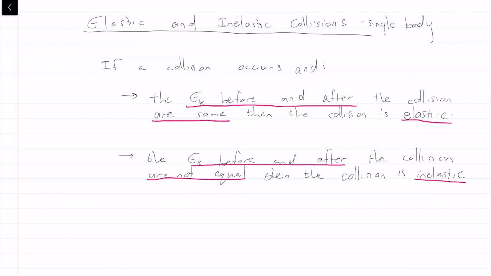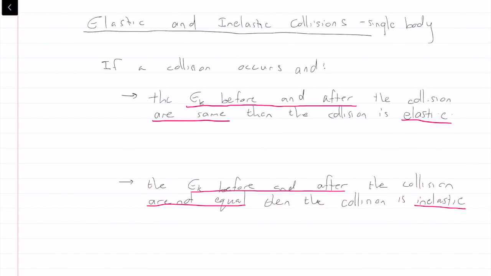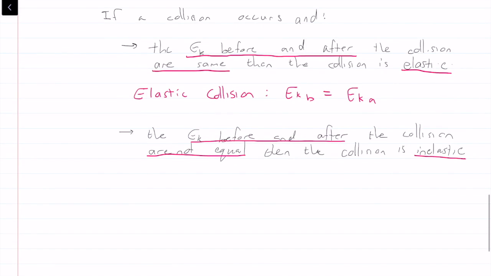Mathematically we can represent this by saying for an elastic collision, EK before must be equal to EK after, and for an inelastic collision, EK before is not equal to EK after.